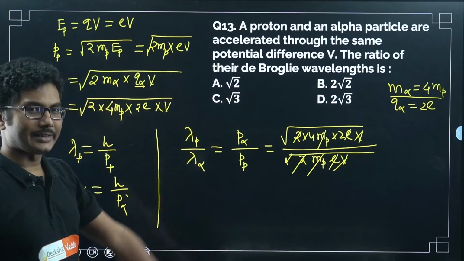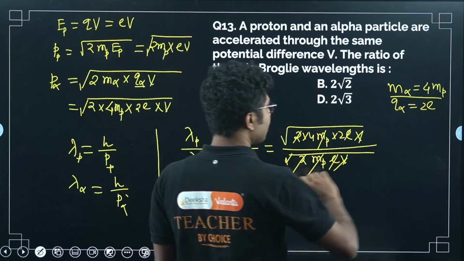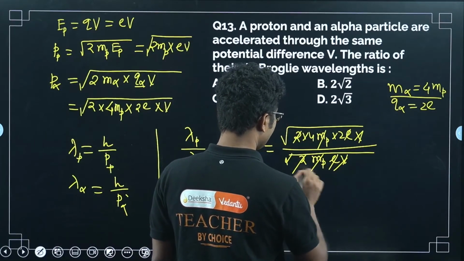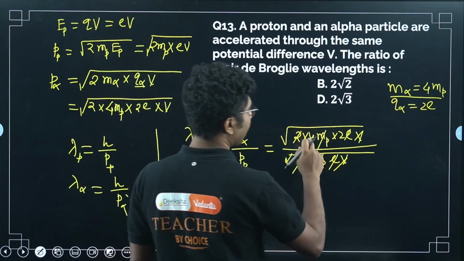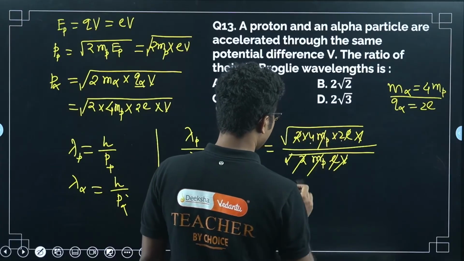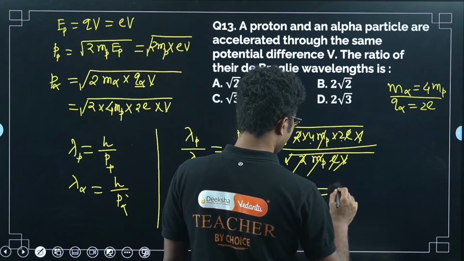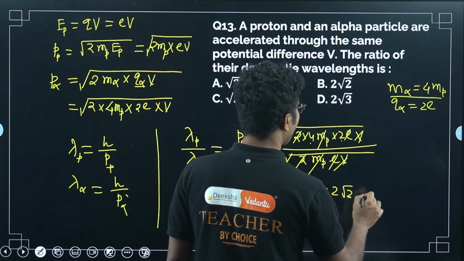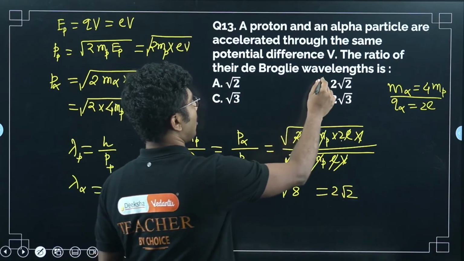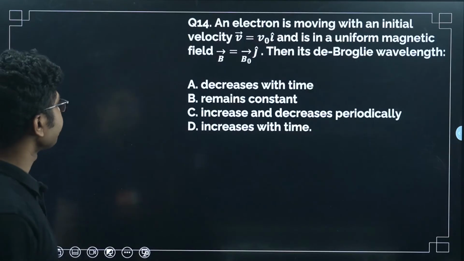Even though they are inside the roots, you can take the common root and you can still cancel them, right? So the denominator is 1 now. What is the numerator? The numerator is 4 times 2, so square root of 8. Square root of 8 means 4 times 2, which is 2 root 2. So the correct answer is option B.